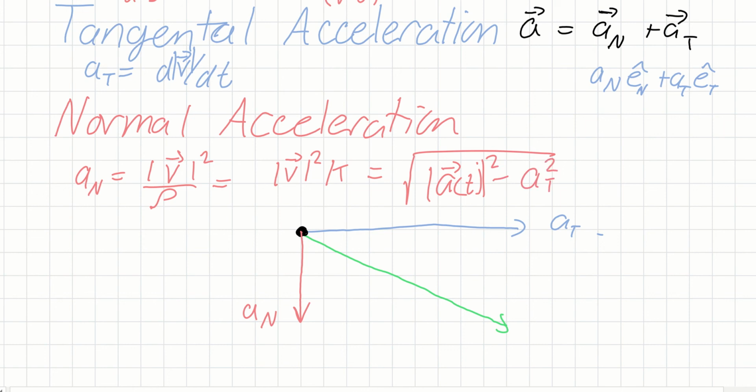Because again, this is pretty much like a triangle here, where the resultant a, and label this a of t, has these two different quantities.